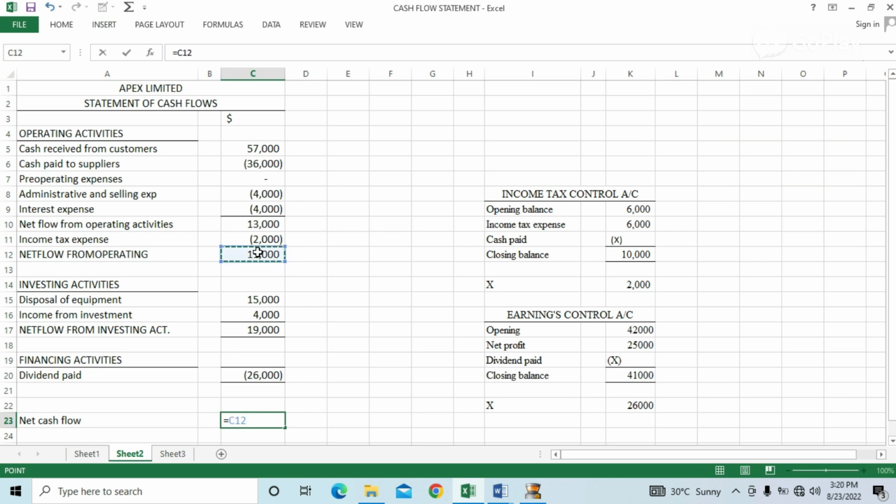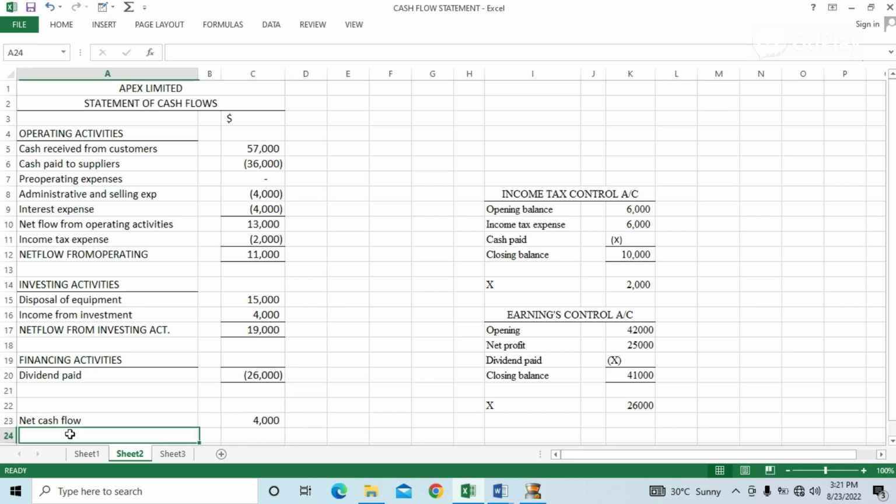Then to that one, I'll add the one from investing. Then I will also add the financing. Since the dividend paid was a payment, we put it in brackets, but we add it because Excel will automatically recognize it as a subtraction. So the net cash flow is actually 4,000.